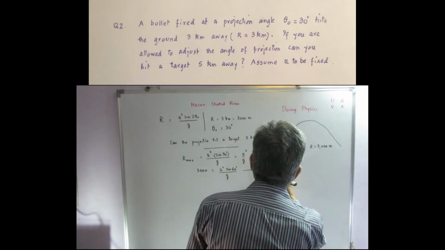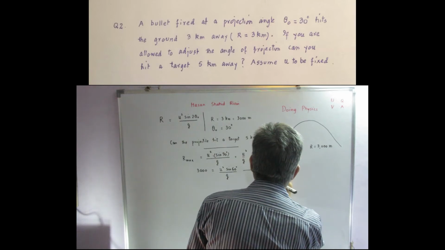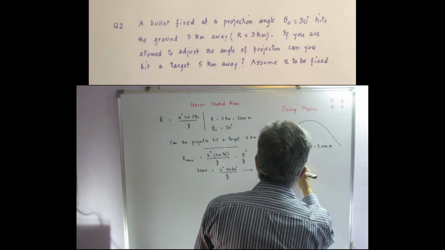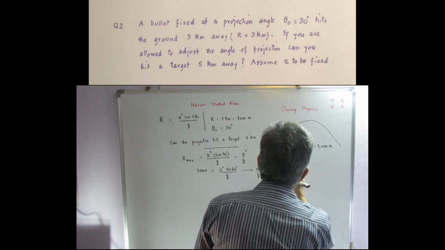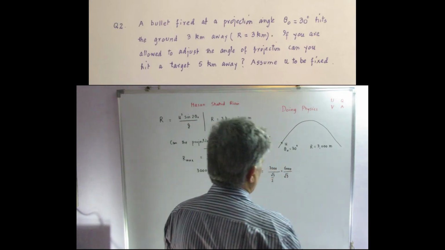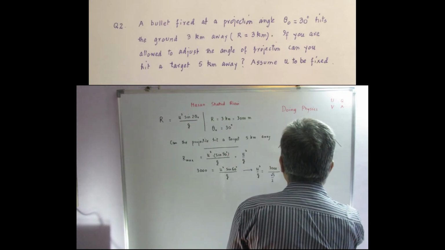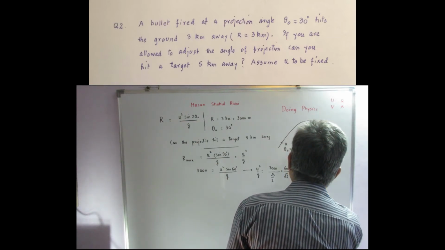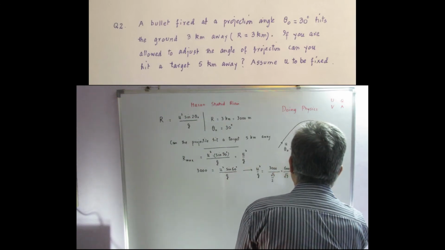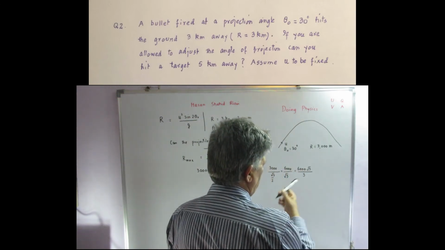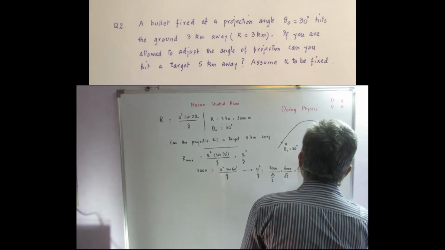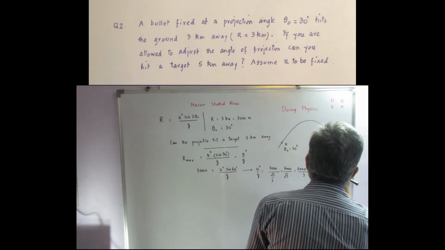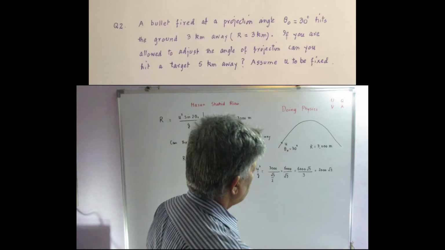So here I divide it by root 3 and this by 2, so this turns out to be equal to 6000 upon root 3, which will turn out to be equal to 6000 root 3, I multiplied by root 3 in the numerator and the denominator, and this turns out to be equal to 3. I divide this 6000 and this turns out to be equal to 2000 root 3.